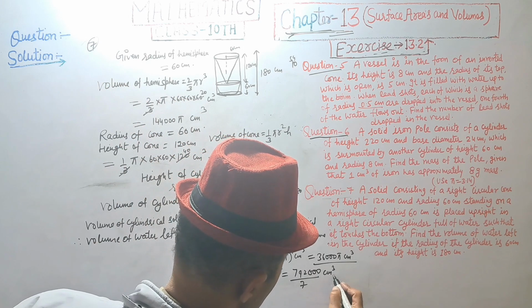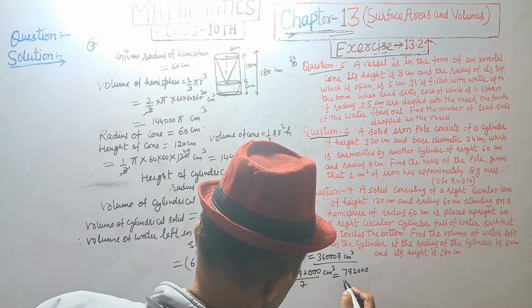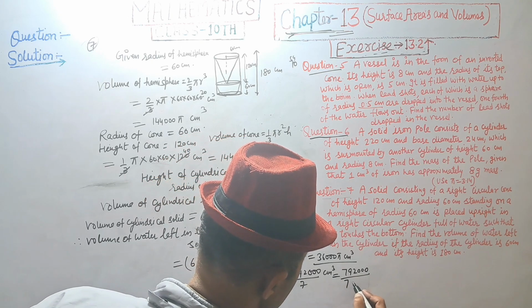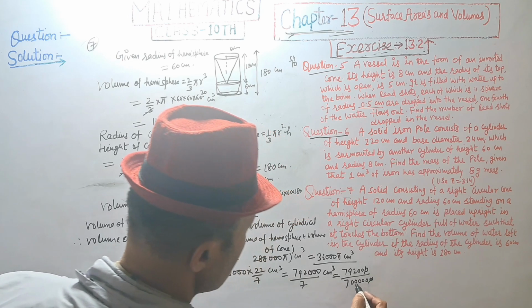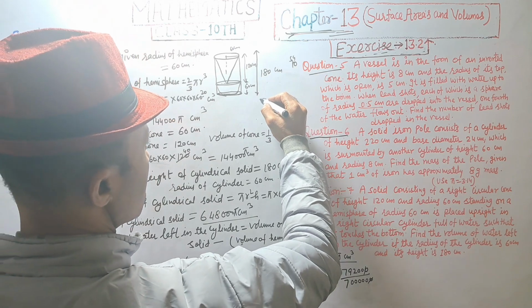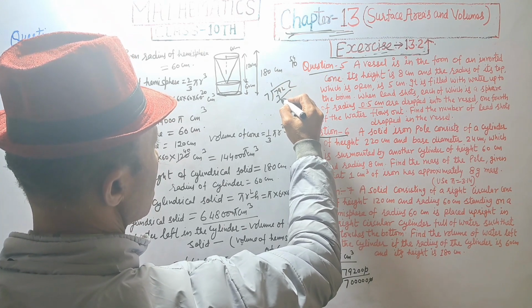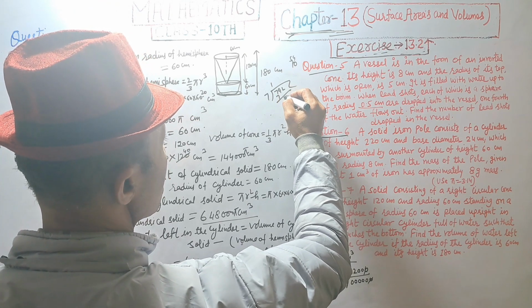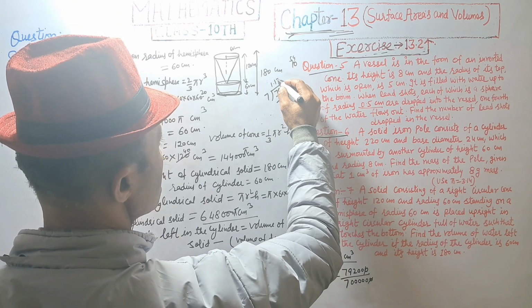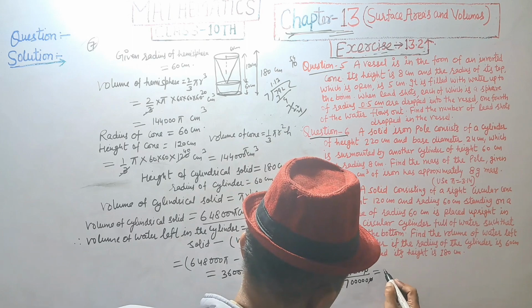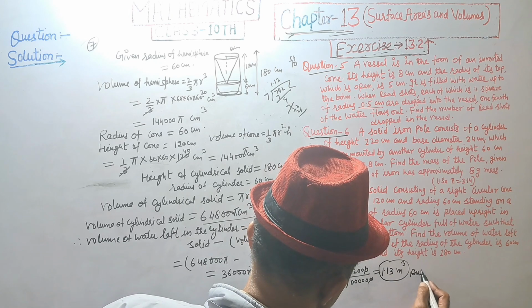We change centimeter into meter: 100 into 100 into 100. The zeros cancel, and 7920 divided by 7, we get 1.13 meter cube. Answer.